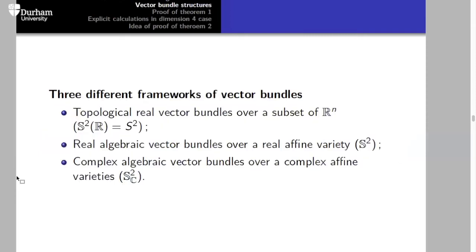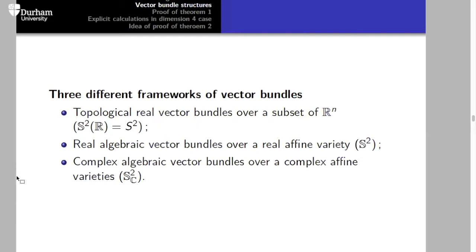Now, let's look at the vector bundle structure that I'm going to use for this problem. I'm going to look at topological real vector bundles over a subset of R^n. For my case, it's going to be the fixed point set, so it will be the sphere, S^2. Real algebraic vector bundles over a real affine variety, in my case, S^2.